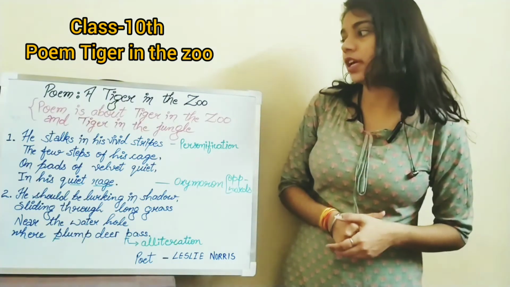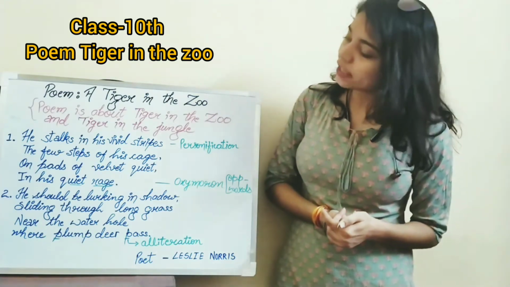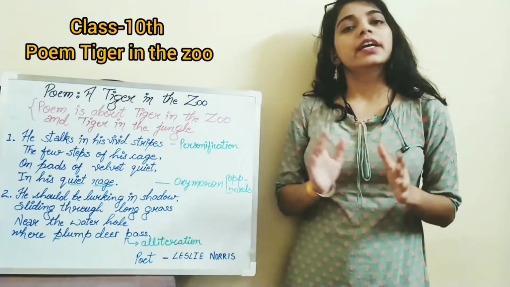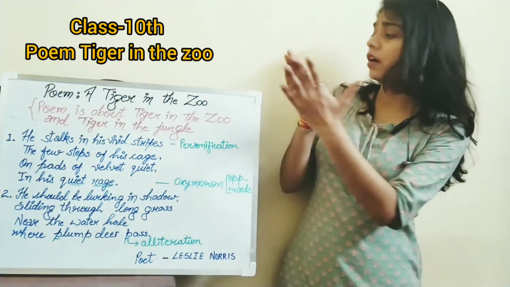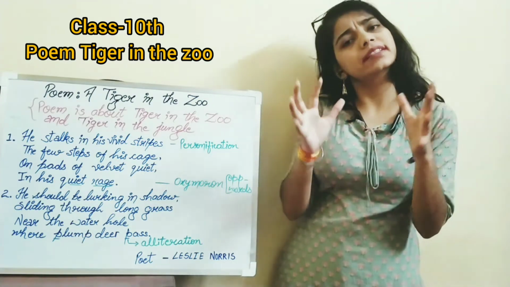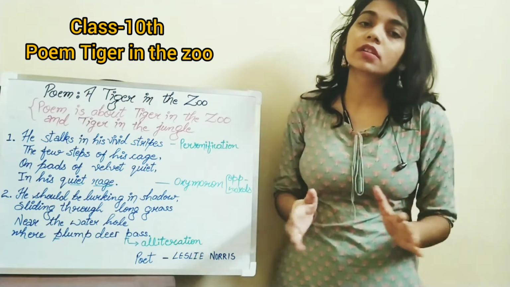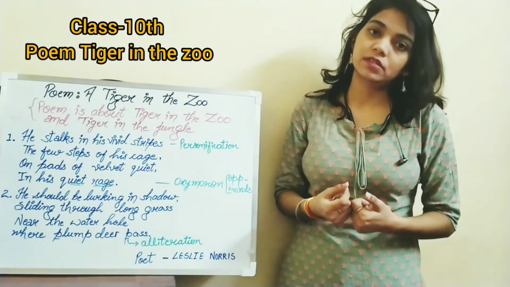He stalks in his vivid stripes, the few steps of his cage, on pads of velvet quiet, in his quiet rage. It means that as the tiger in the zoo is in the cage, he cannot walk a lot, he cannot move a lot, he can just move a few steps.